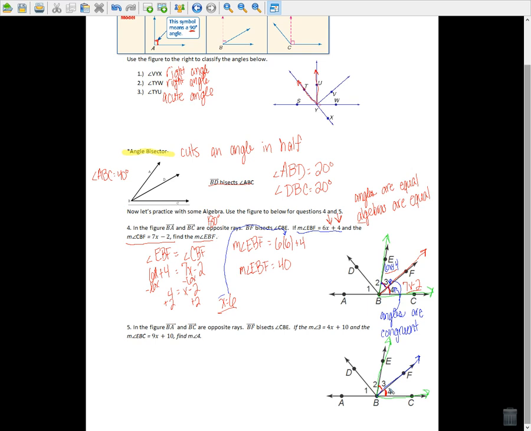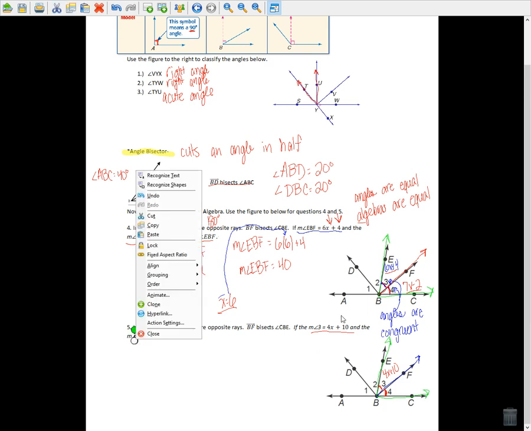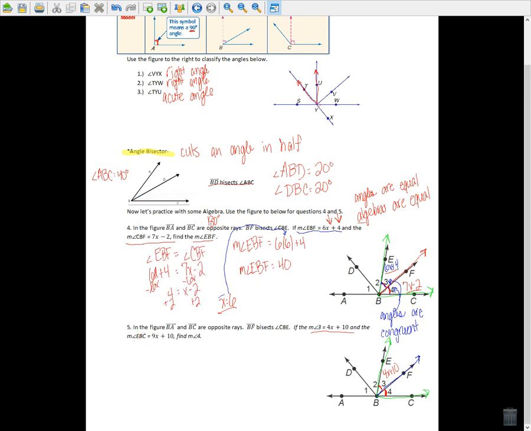So angle 3 is going to be equal to angle 4. Angle 3, they say, is 4x plus 10. The measure of angle EBC, the full thing, is 9x plus 10. Find the measure of angle 4.